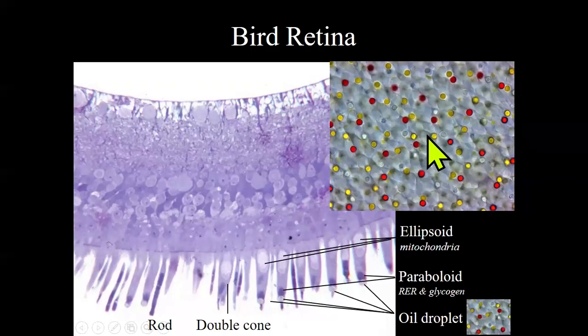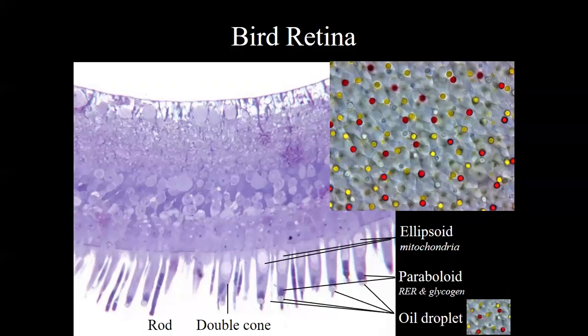Now, this has been color enhanced a little bit, so the color is not nearly as crisp as this if you do what I just told you. But these are the oil droplets once again. Notice there are 4 different shades of oil droplet. I'm sorry, this is a chicken retina, and that's because the bird, unlike the mammal, has 4 different cone color variants.